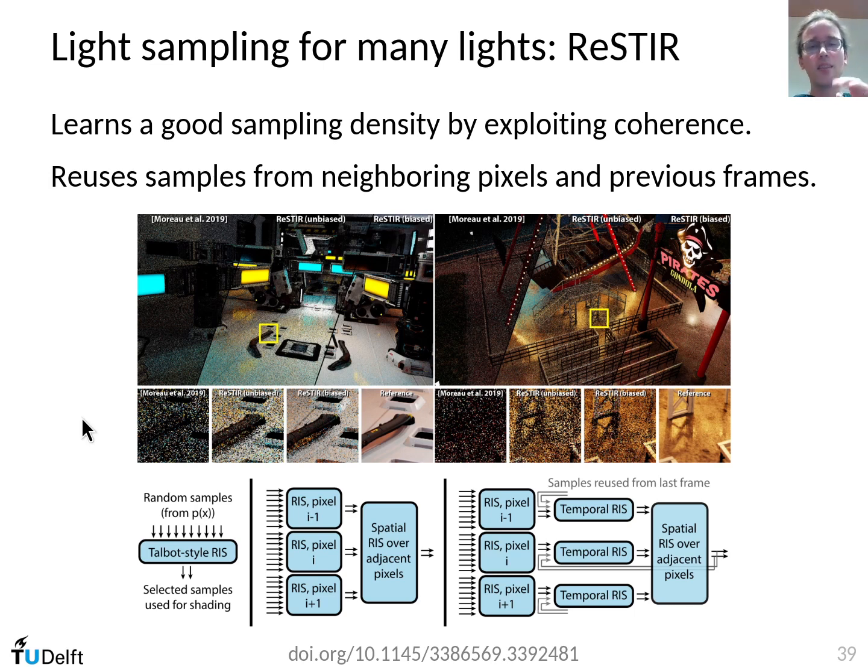And then it's accessing these buffers to figure out what light samples were good for neighboring pixels or for a point in a previous frame. Based on that, it can progressively improve the sampling distribution in a very nice and efficient way.